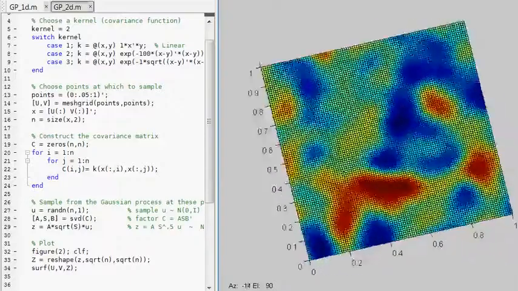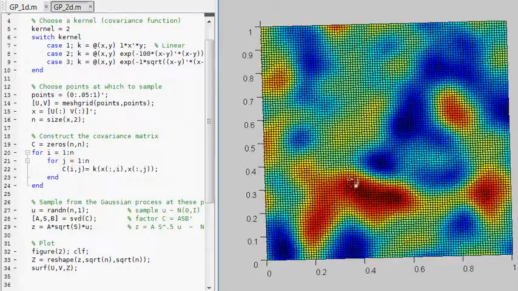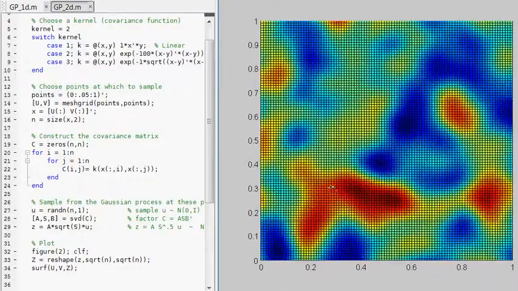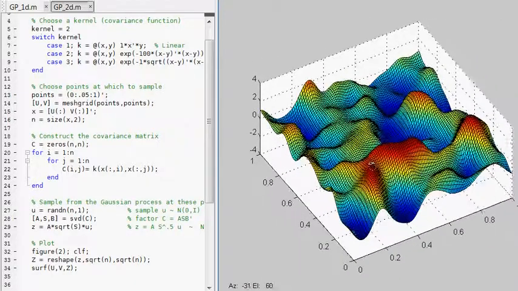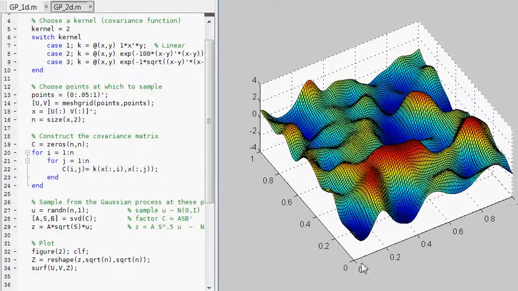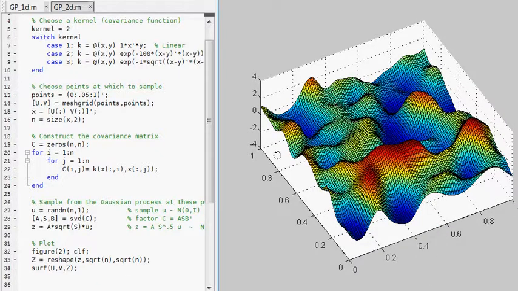The idea of why it makes sense is that nearby points in this field, so let me explain what's going on here. Each point in this plane, this is like x1 and x2, and each point x in that plane is associated with a random variable Z_x. For each x we get a Z_x, and all of those Z_x's together define this random thing that we drew a sample from.